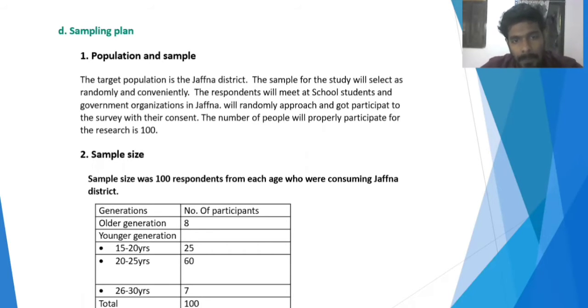They will be randomly approached and asked to participate in the survey with consent. The number of people who will properly participate in the research is 100. Sample size was 100 respondents from Jaffna district.